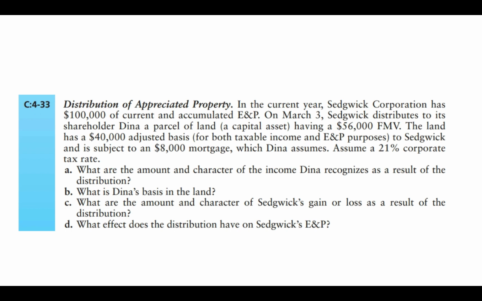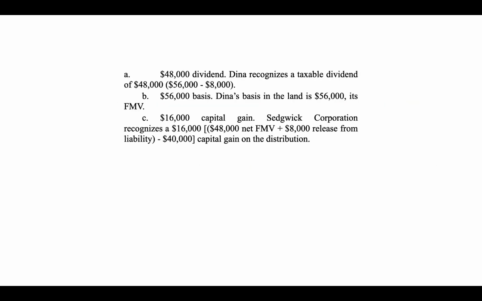So remember, we pretend like we sold it on the date of distribution for $56,000. And it had an adjusted basis of $40,000, and we had an $8,000 mortgage. All right, so the corporation has a $16,000 capital gain because we treat the amount realized as the $48,000 net fair market value.